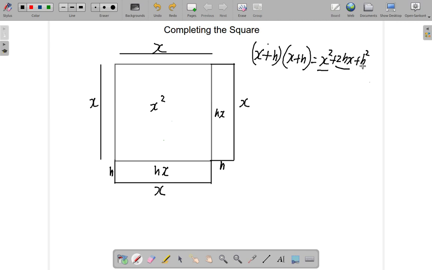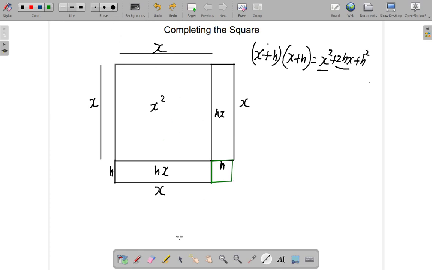But then I need to add the h squared to make a perfect square. Here now, let me use a different color for my new square. What I add is a small square here to fill in the empty space.